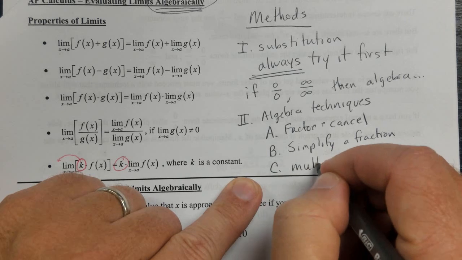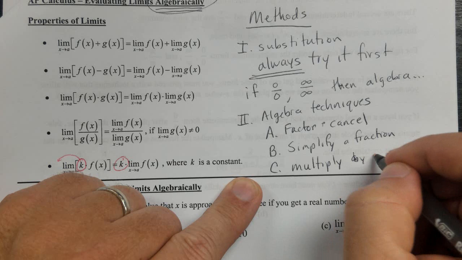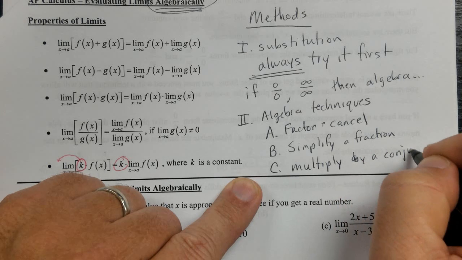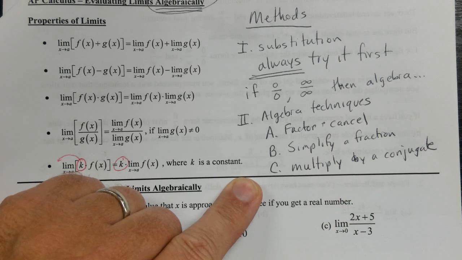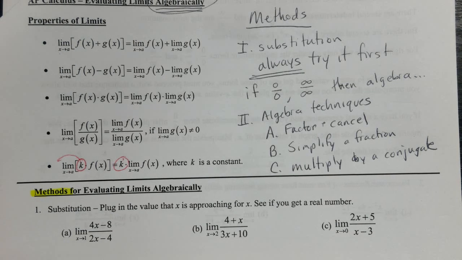And you're going to multiply by a conjugate. The good news is you've done all 3 of those things before in your algebra life. Now we're just grouping them as a way to solve limit problems.